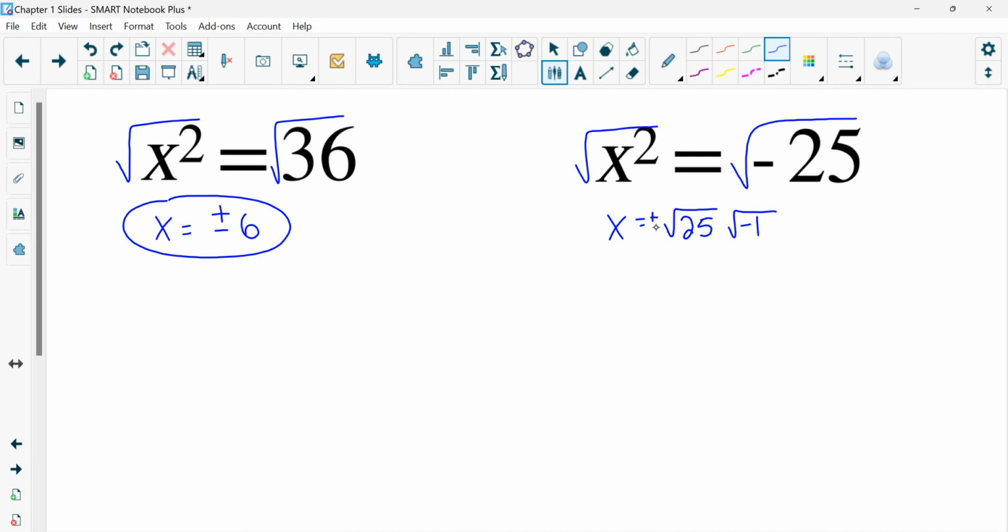We still need that plus or minus in front of it, because again, what number squared is going to give us 25? 5 times 5 or negative 5 times negative 5. It's just now we're going to have the i with it. So our answer here would be plus or minus 5i.